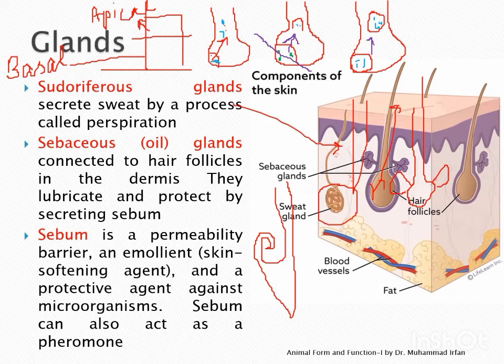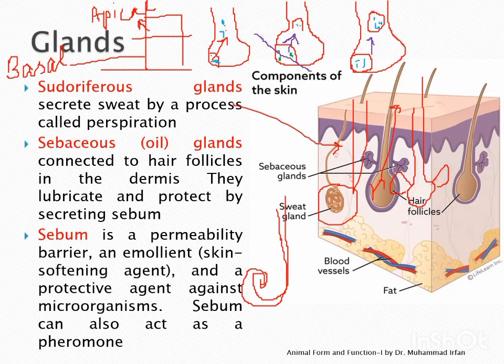But when this fluid moves out of the coiled portion, most of the sodium chloride goes back, and a nearly hypoosmic fluid, a little thinner fluid having less salt concentration than the blood, comes out from the duct, evaporates from the surface of the body, and is called sweat. In high temperature, the sweat cools the body.